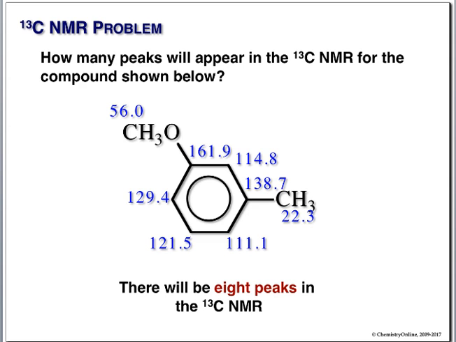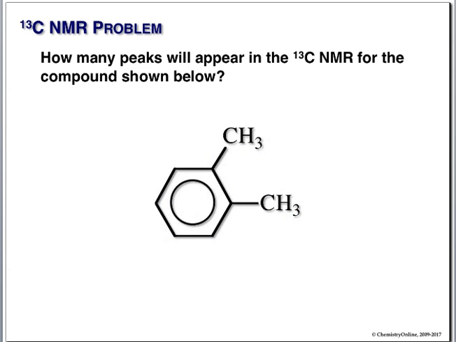One more. Now, both of these are methyl groups. That makes it easy. Go ahead and draw your plane of symmetry, because there is one, and just simply count your carbons.